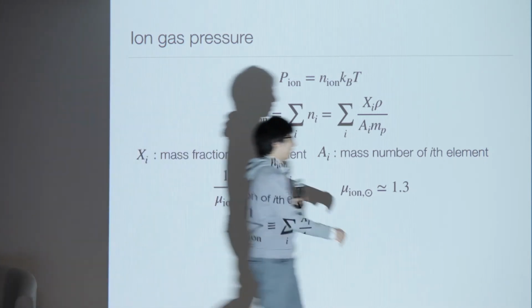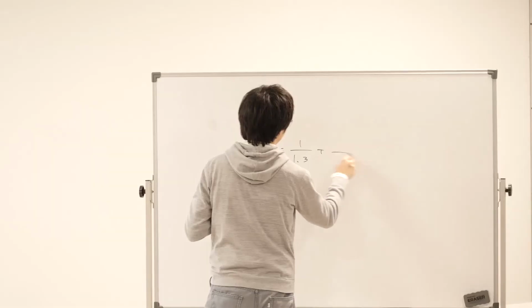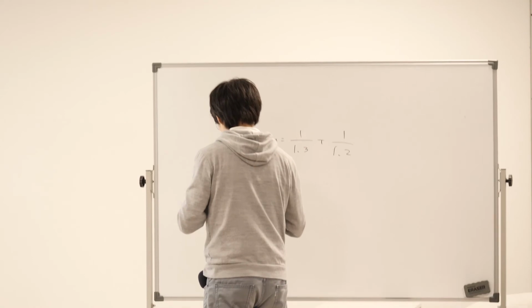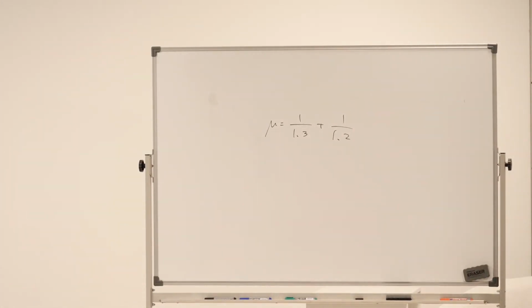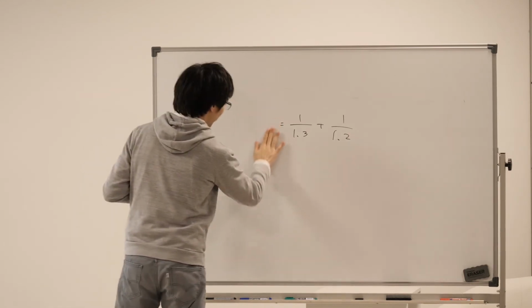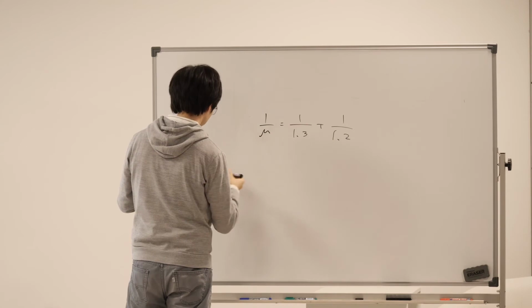If we assume that the metal is fully ionized for the sun, then it should be this, and you can calculate this. Sorry? But if you put in figures, you take something like 1.6, as far as I remember.